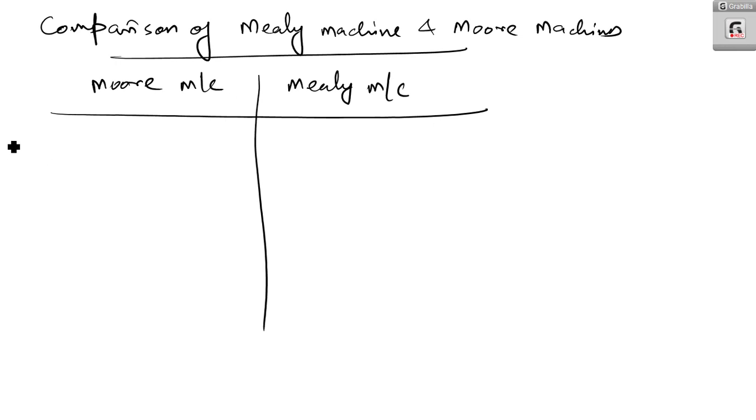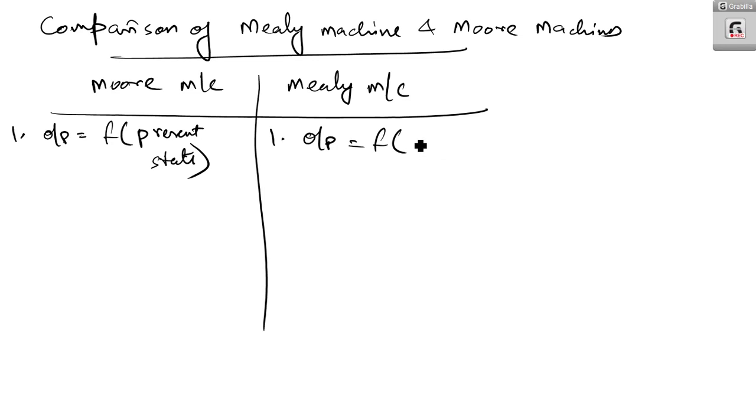So what is the first difference? Here output is a function of present state only. Whereas in Mealy, output is a function of present input and present state.